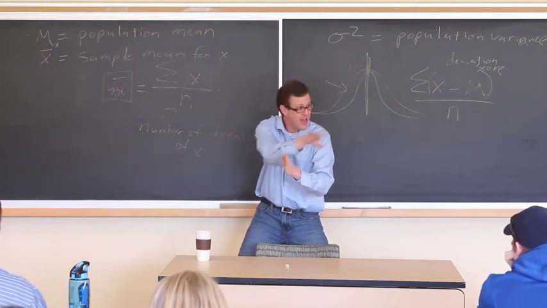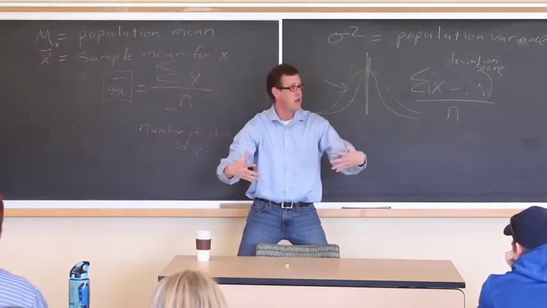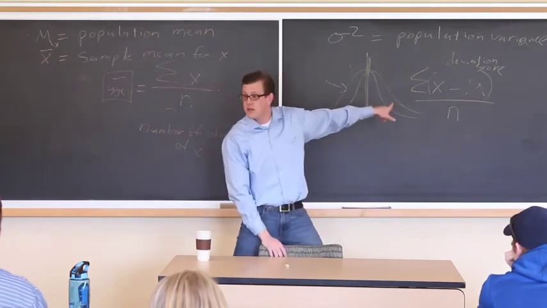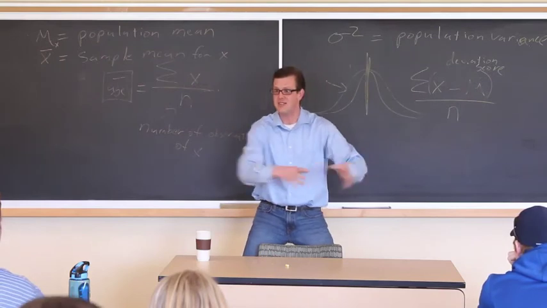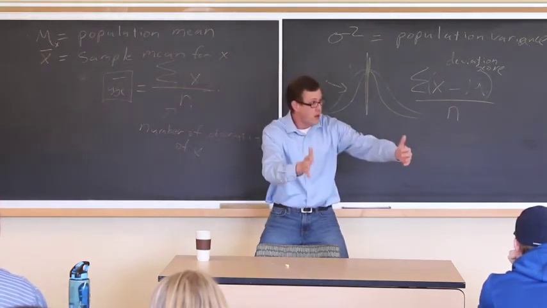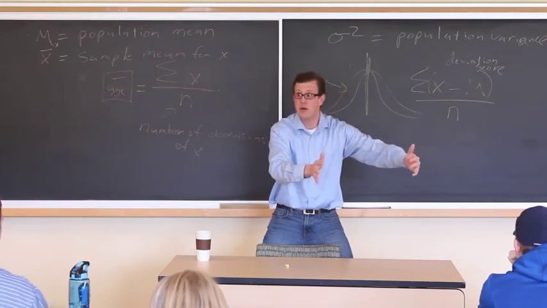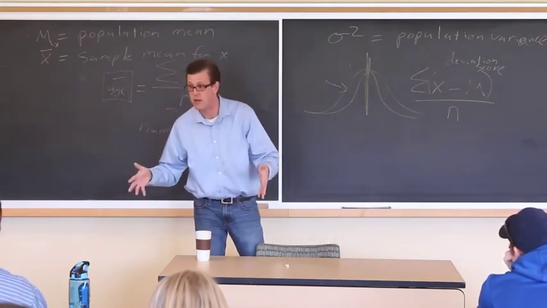Which means that if you add up all the deviations on this side and add up all the deviations on that side, they will cancel each other out. This might be 223, and then this will necessarily be negative 223.